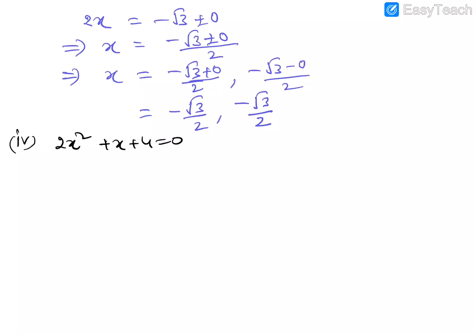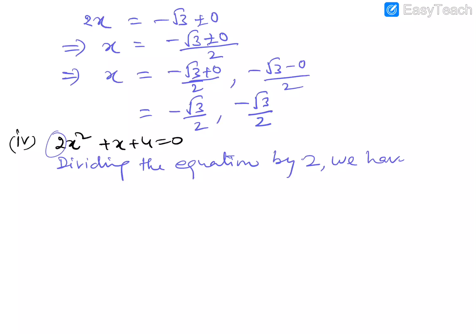फोर्थ पार्ट में दी हुई प्रॉब्लम 2x स्क्वायर प्लस एक्स प्लस 4 इज इक्वल टू 0 है. Dividing the equation by these two, we have this is x square, then x by 2, then 4 by 2 means 2 and 0 by 2 again 0.